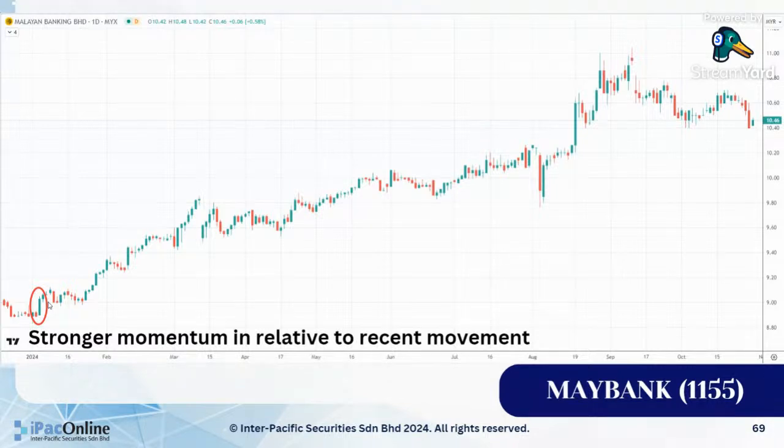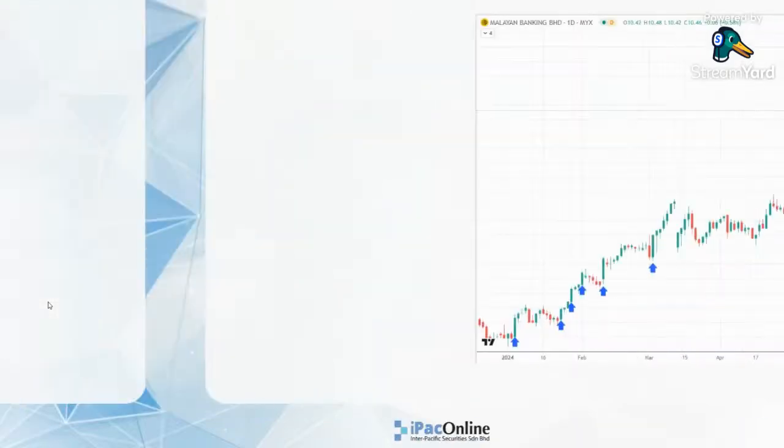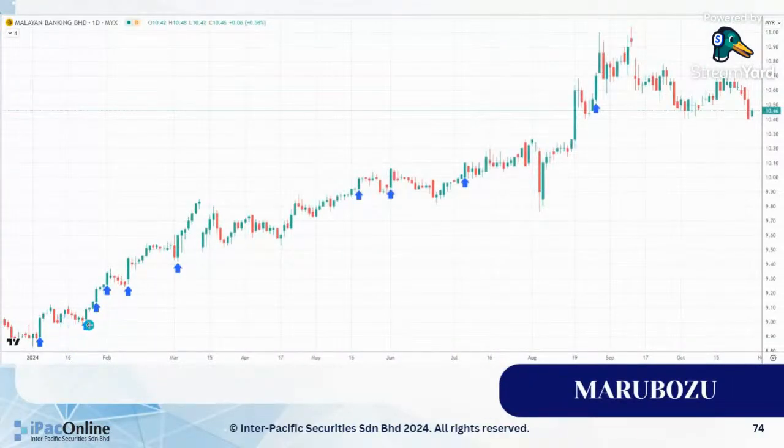So this is an indication telling me that the bullish momentum, the bullish sentiment is there. That would help me get an idea that the market bullishness is there, the buy interest is there. Similarly, as it continues to trade higher, after this bullish candlestick it traded higher and then pulled back.